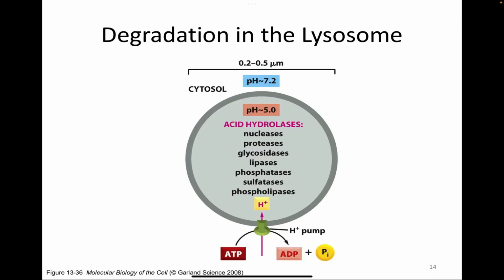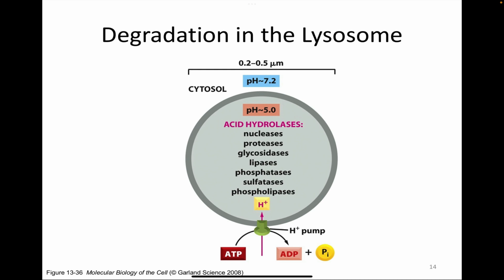In addition, when we get to that final lysosome, which you can see here has a pH of 5, so it's really acidic, a whole bunch of enzymes start to be able to act. They're all enzymes that can only act when they are in an acid environment.